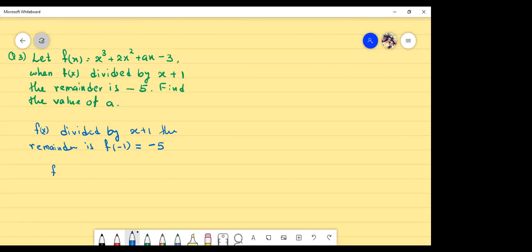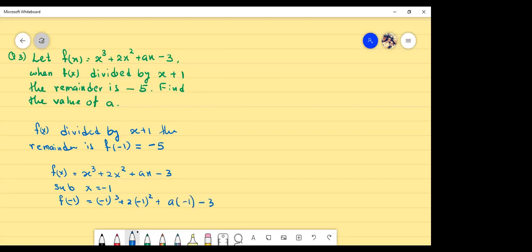Now we write the f(x) equal x cube plus 2x squared plus ax minus 3. Then we substitute x equal minus 1. f minus 1 equal minus 1 cube plus 2 times minus 1 squared plus a times minus 1 minus 3.